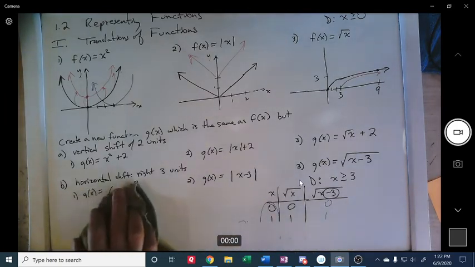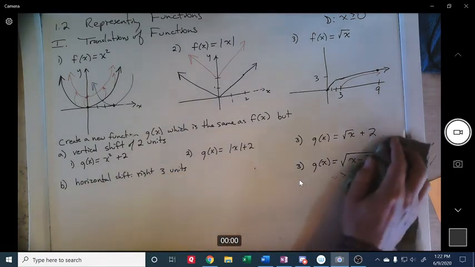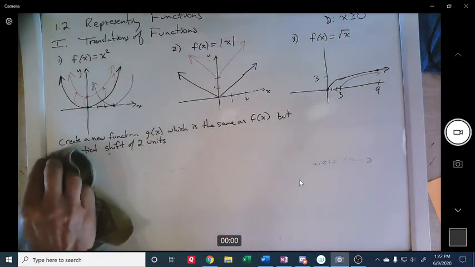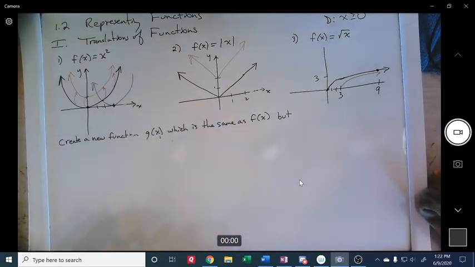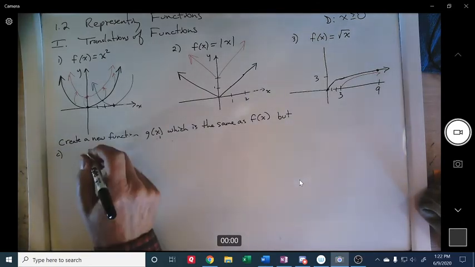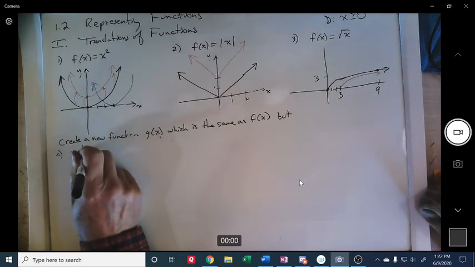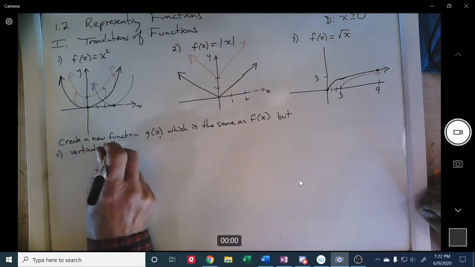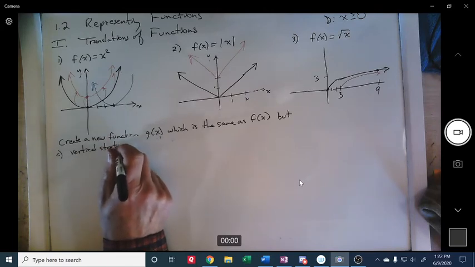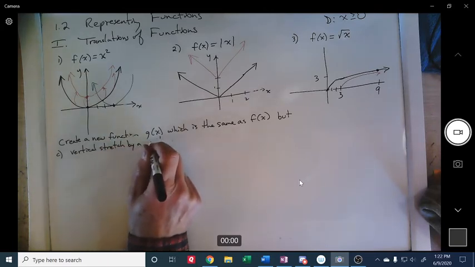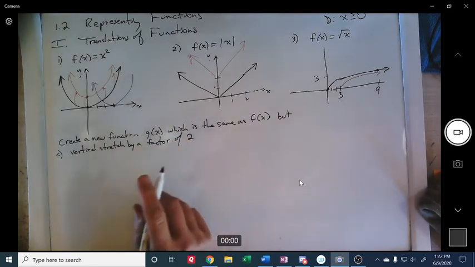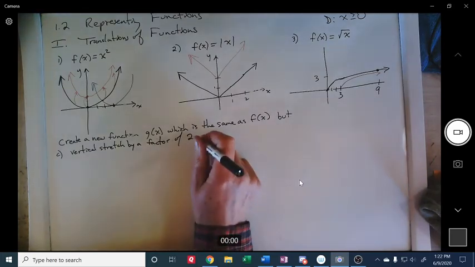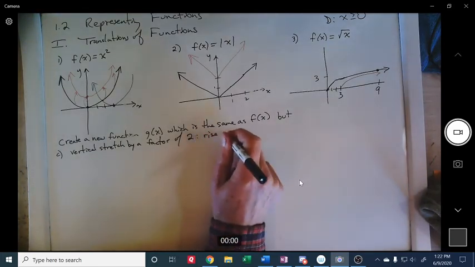Suppose I wanted to have a vertical stretch by a factor of 2. In other words, it's going to rise twice as fast.